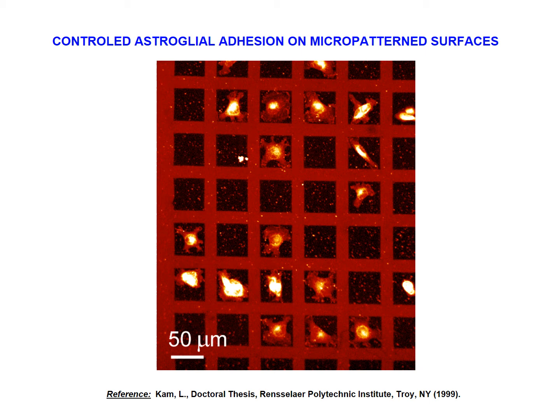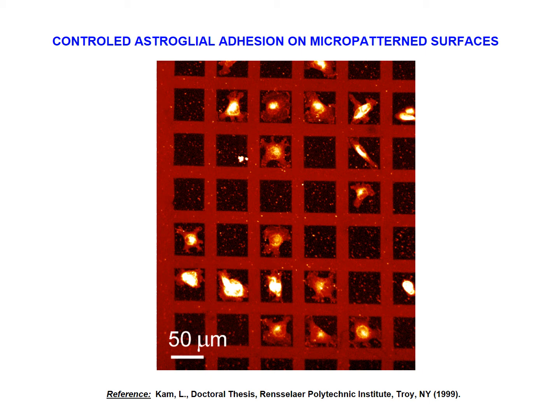The interior of each square was the one that had DETA, therefore it was a region which the cells recognized as adhesive, while the perimeters, the outlines of each square, were not adhesive. They were modified chemically with OTS, which does not promote cell adhesion.